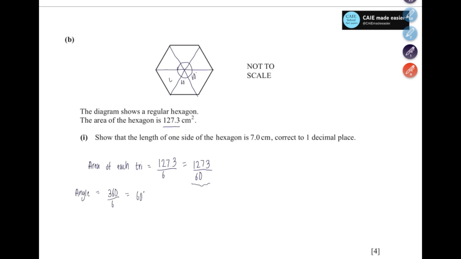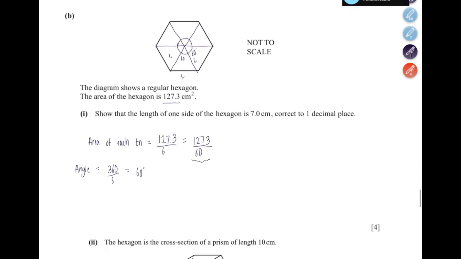Now calculate the length of one side of the hexagon. Now this length and this length are equal. Based on that knowledge, we can try to find the length. Let's try to find the area of the triangle, which is half times a times b times sine theta.